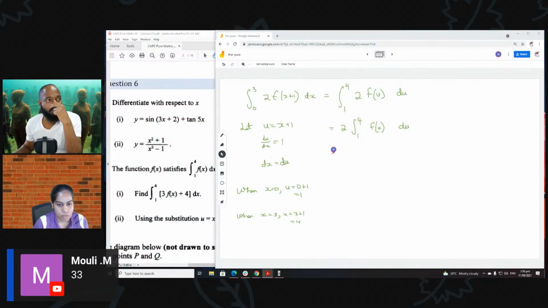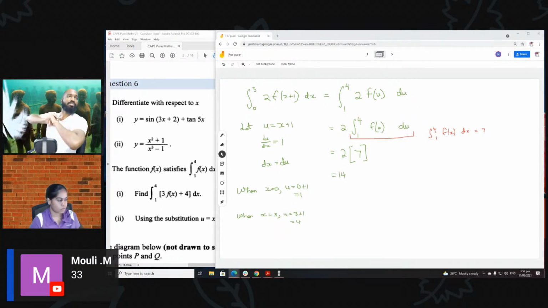This is supposed to look familiar. What we were given in the question was that the integral of f of x between 1 and 4 dx is equal to 7. So u and x are variables, so you can interchange them. So 2 multiplied by 7 will give you 14. Nice. Rate your understanding of this out of 10.